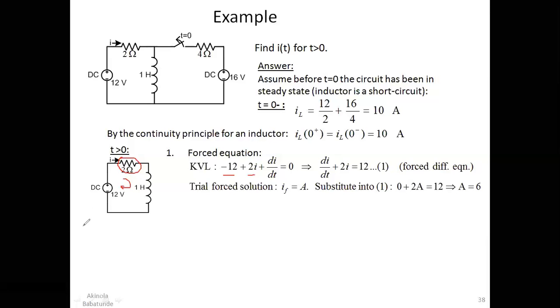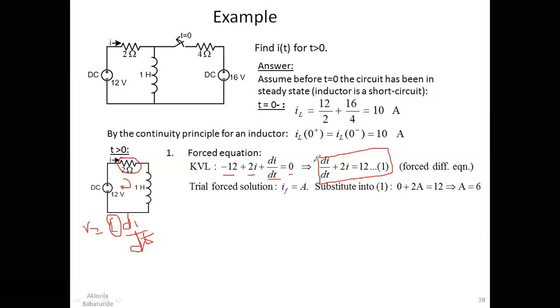For the inductor, V is always equal to L di/dt. In this case L is just 1 henry, so we have just di/dt here. The sum of all those voltages in the loop must be equal to 0. If you rearrange and write it as a first order differential equation, starting with di/dt, this is what you obtain.